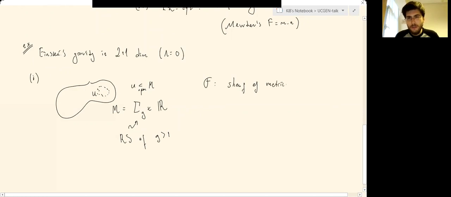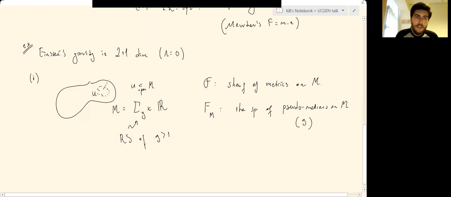In general, maybe I should say pseudo-Riemannian metrics or Lorentzian metrics on M. And then therefore your space of fields will be just the space of pseudo-Riemannian or Lorentzian metrics on M. This is your space of fields. In general, these are denoted like G. So therefore we are really interested in metrics or the geometry defined by the metric G.